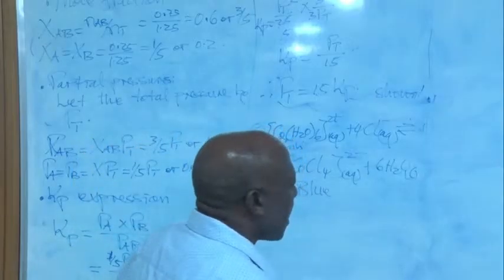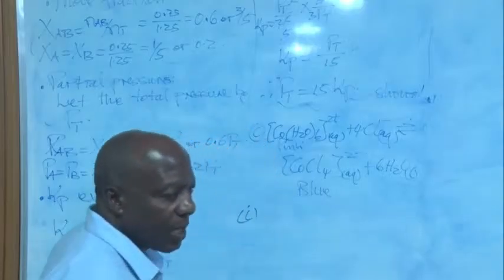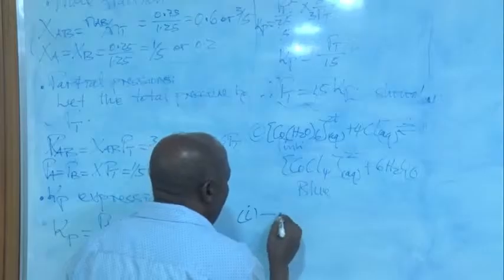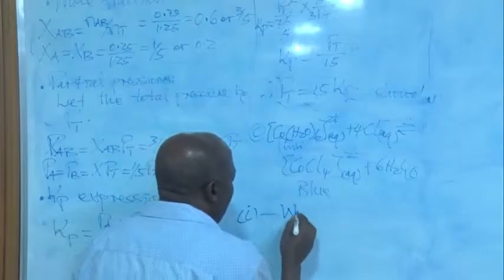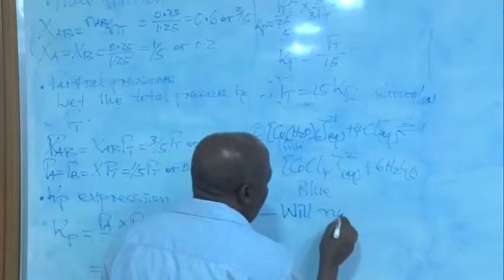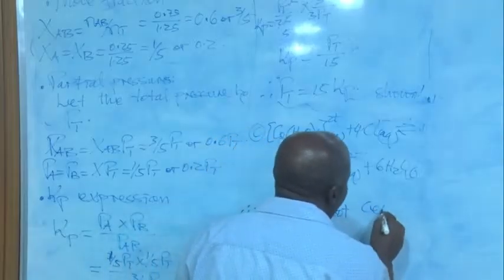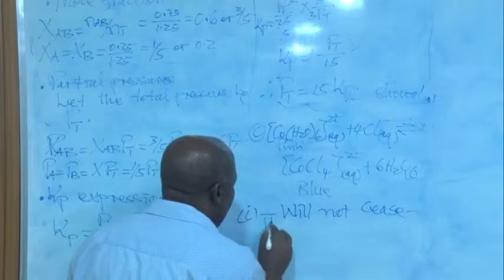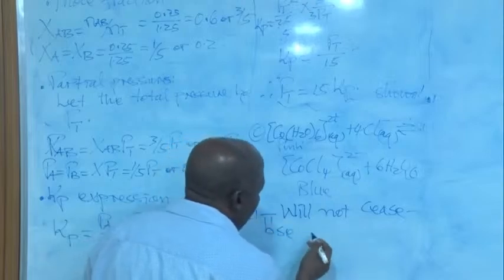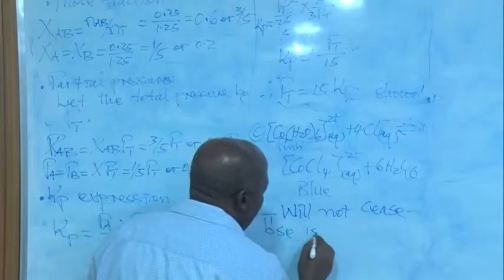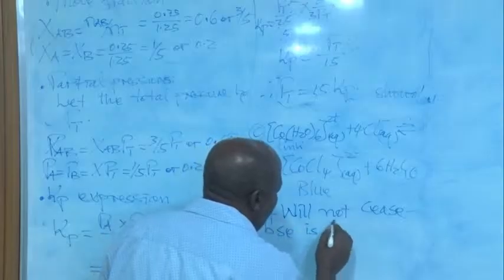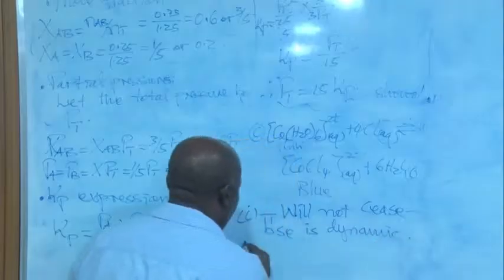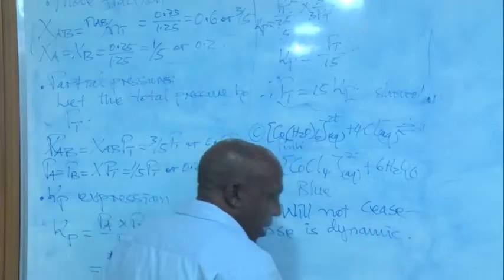As a result, we say the equilibrium system is dynamic, so the reaction will not cease. Why? Because the equilibrium system is dynamic. It is never stationary.